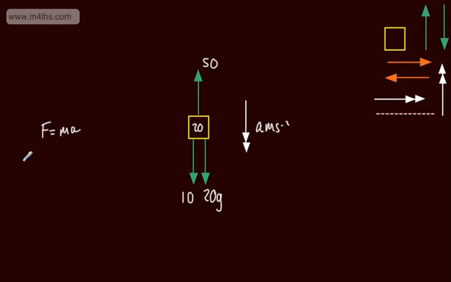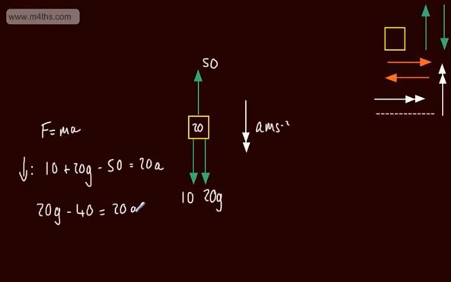If we consider resolving downwards, we're going to have 10 newtons plus 20g newtons minus 50 equal to the mass, which is 20, multiplied by the acceleration. So that gives 20g minus 40 equal to 20 lots of acceleration.